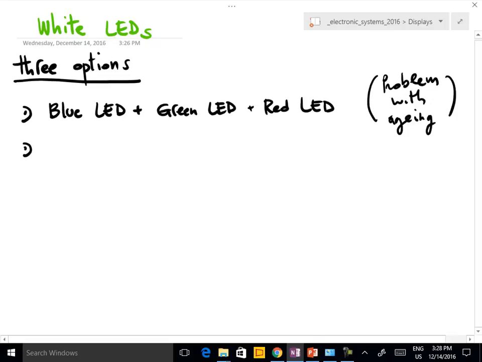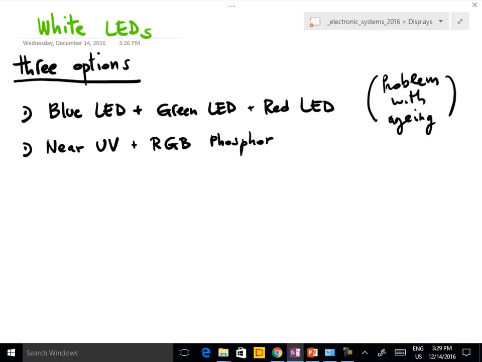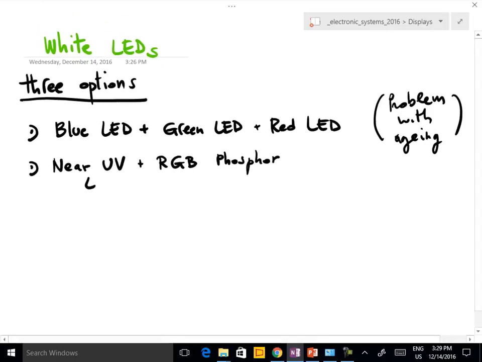The other option, which is common also because it's relatively simple, is to use a near UV LED plus an RGB phosphor. Okay. So a LED which has an emission almost over the blue, at the very end of the blue.